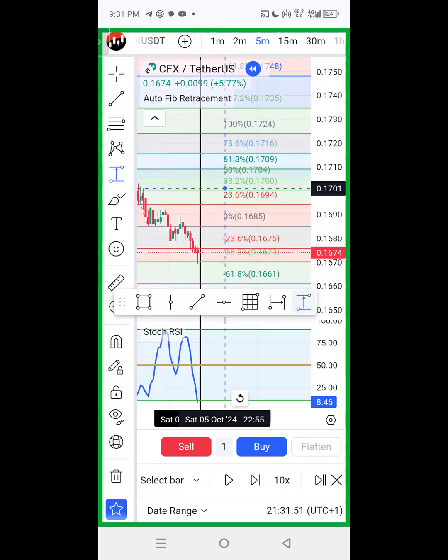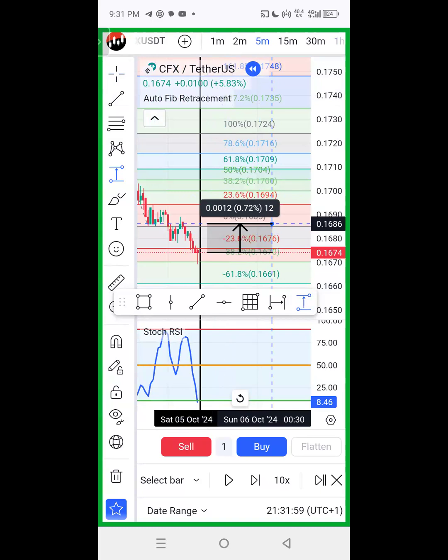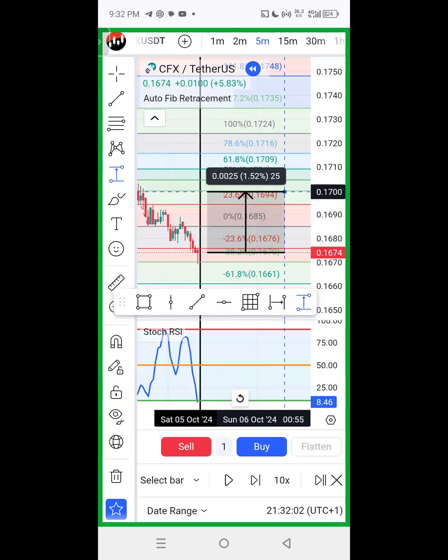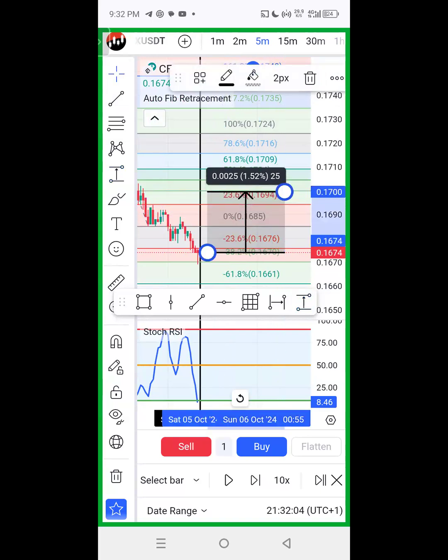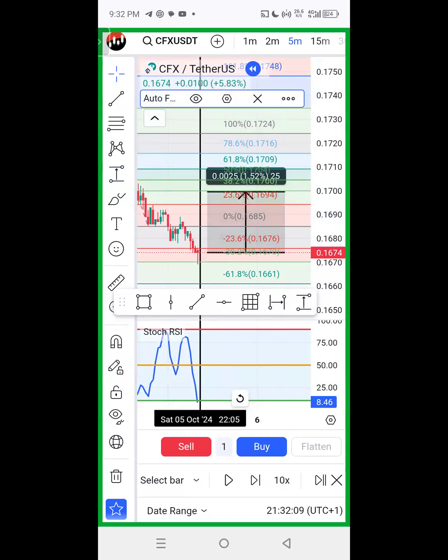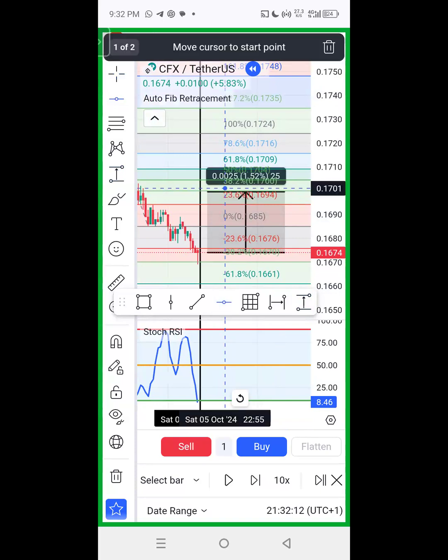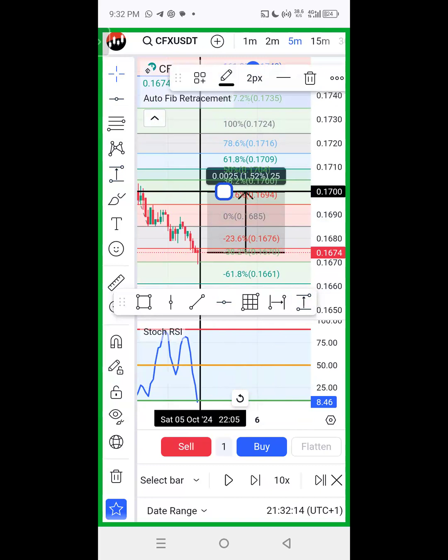Don't go beyond 1.5%. So if you're taking 1.5%, you're taking 1.5% from here, you see it. Then I'll use the horizontal line here to pull the trigger, change the color to red.